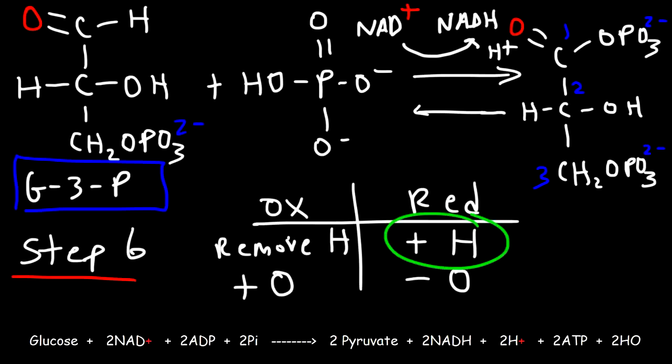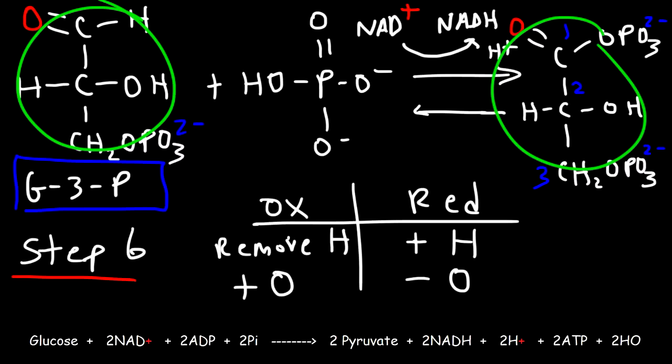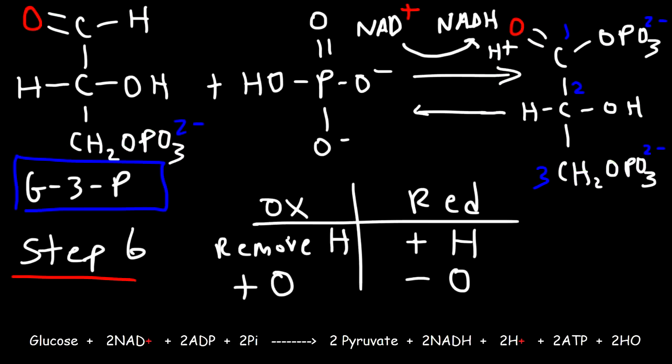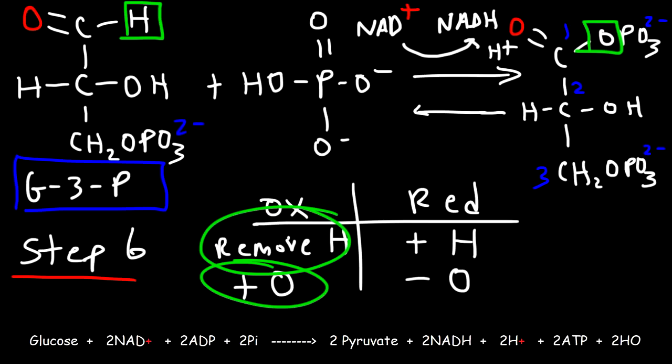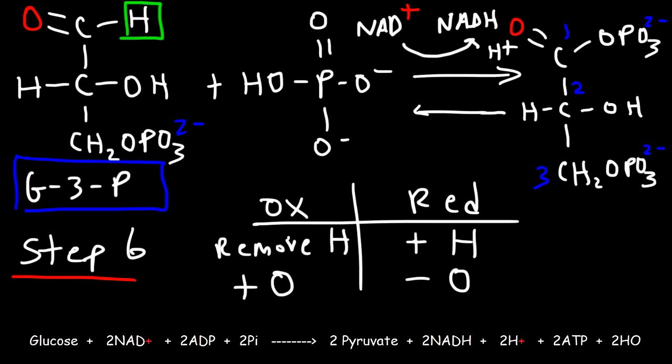So that is a reduction reaction, which means that the conversion of G3P to 1,3-biphosphoglycerate must be an oxidation reaction because that's the other reaction. And you could see it. Here, we're removing hydrogen, so that's oxidation, and we're adding oxygen, which is also oxidation. So G3P is oxidized to 1,3-biphosphoglycerate, and at the same time NAD plus is reduced.